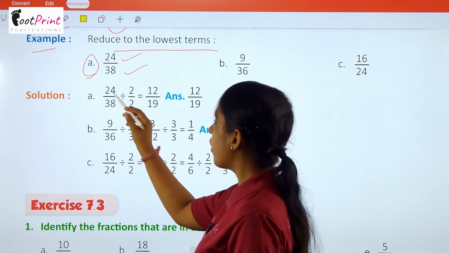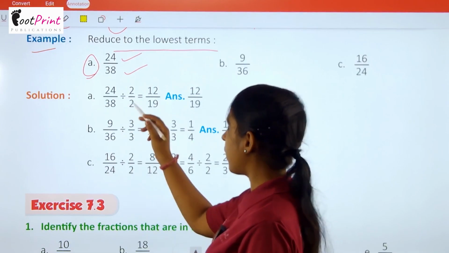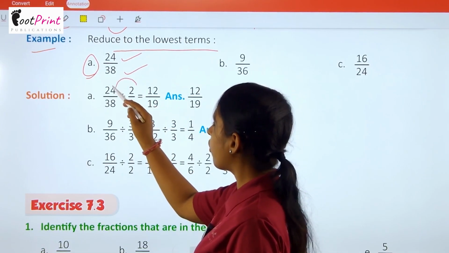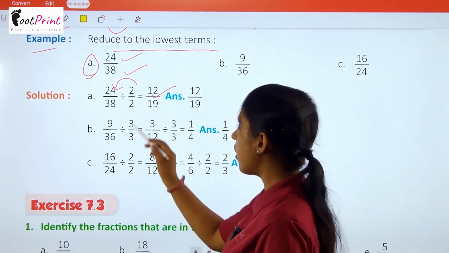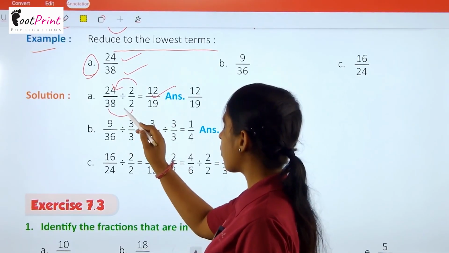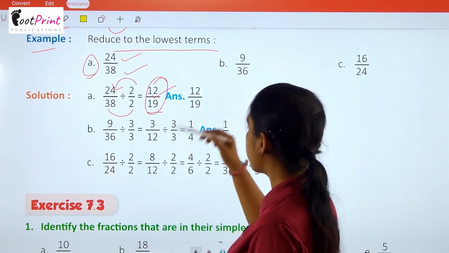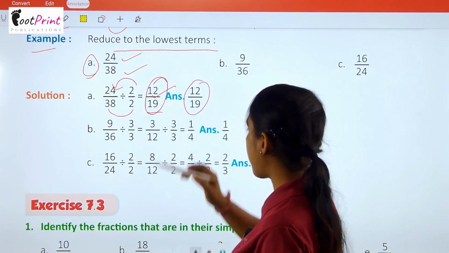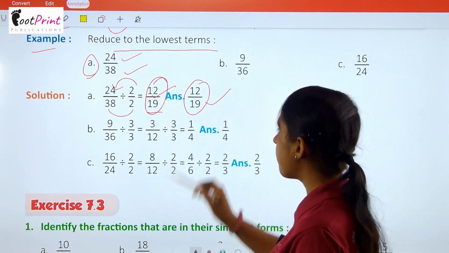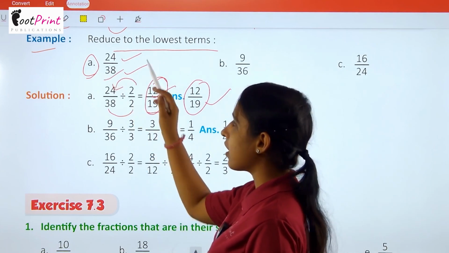So here 24 by 38 divided by 2. So what will we get? 2 12s are 24, here 12, and 2 19s are 38. Here we get 19. So what will be the answer? 12 by 19. That is our simplest form of this fraction.